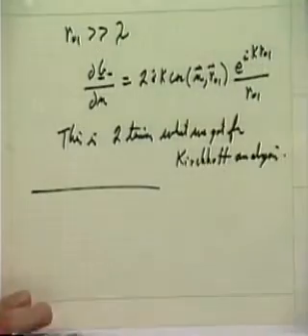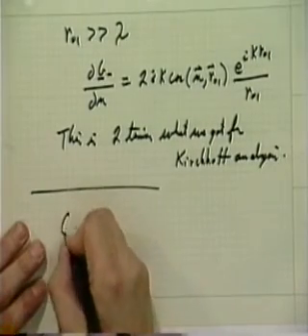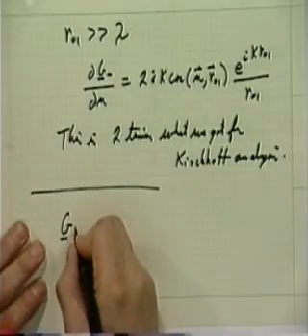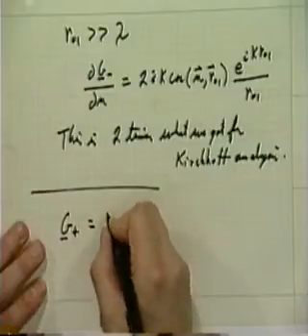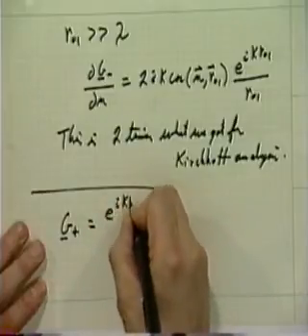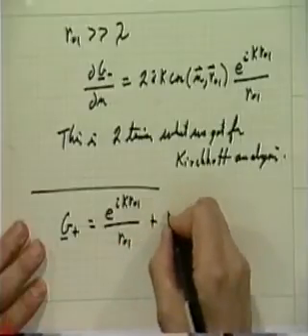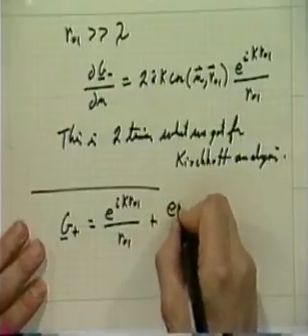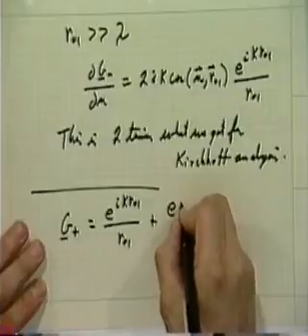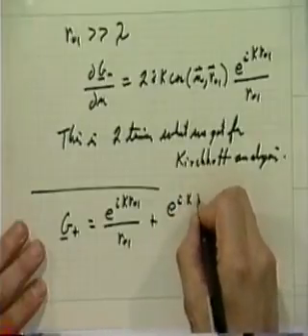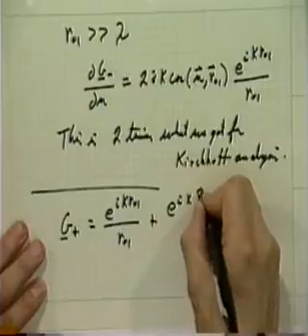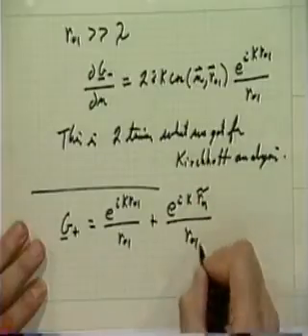And so in that case, we will have what we'll call a G plus. And so that's e to the ikR01 over R01 plus e to the ikR01 tilde over R01.